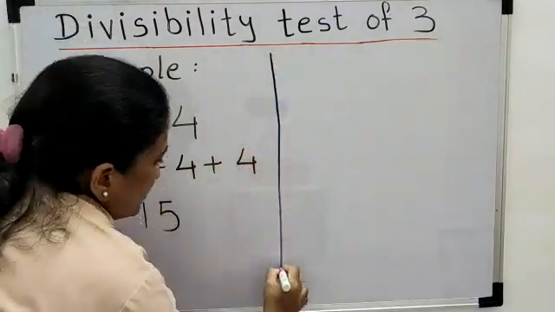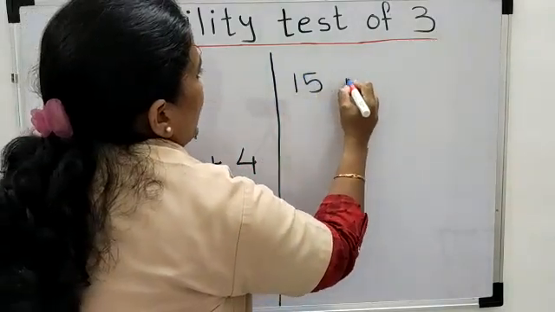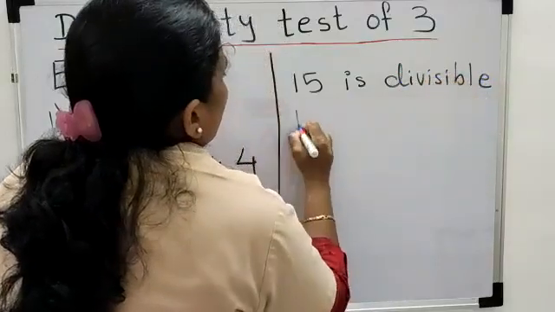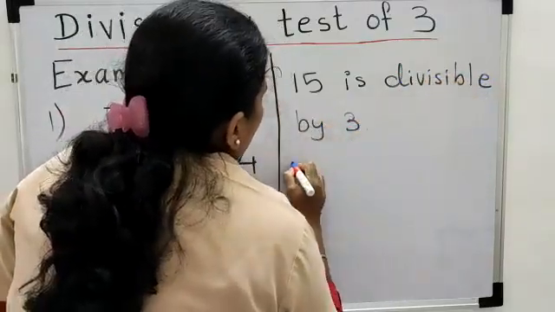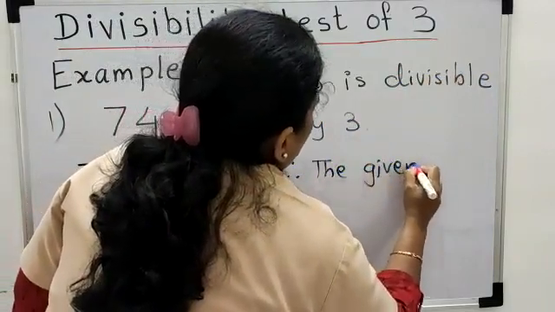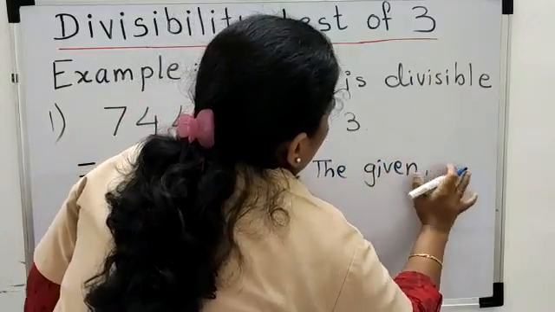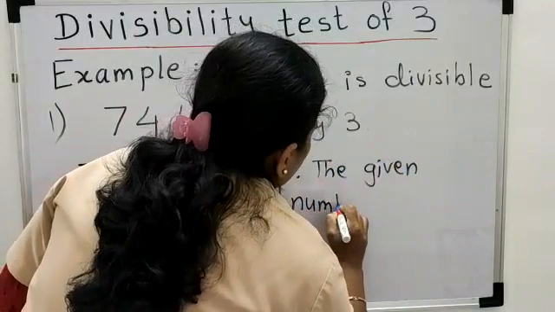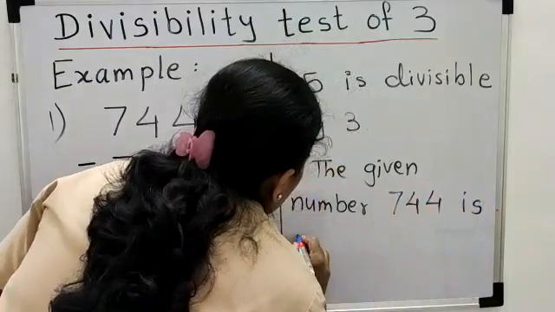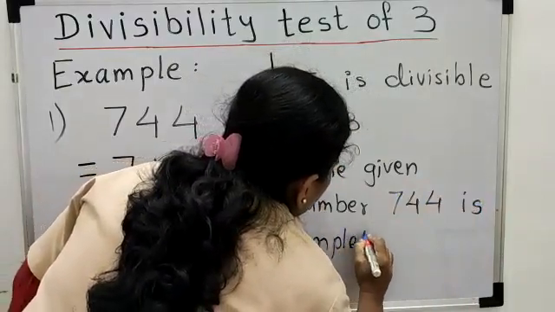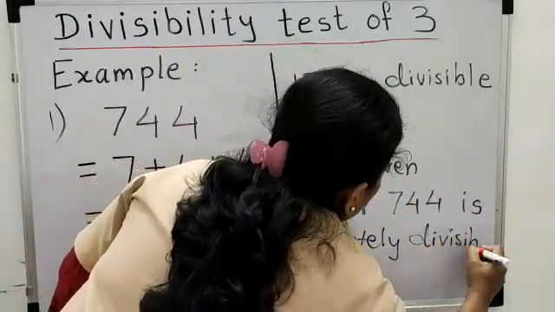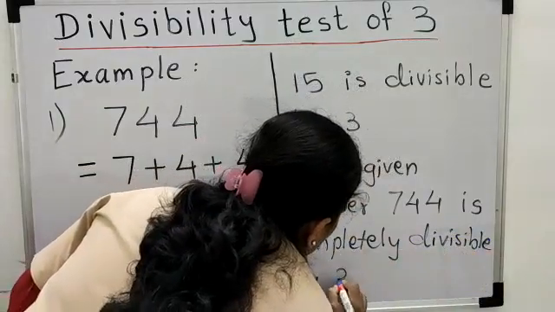Now 15 is divisible by 3. Therefore, the given number 744 is completely divisible by 3.